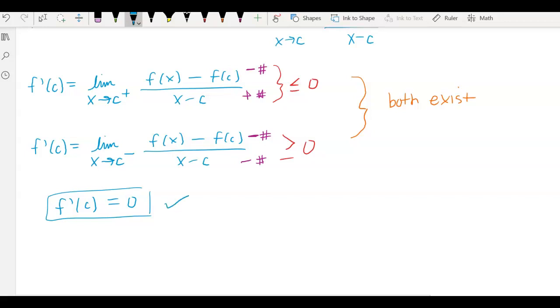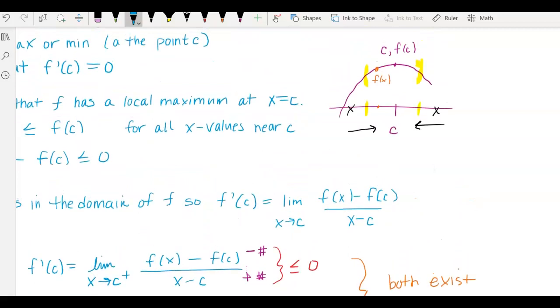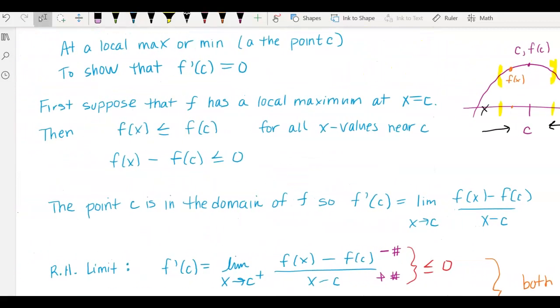So we showed this for a local maximum. If we wanted to show it for a local minimum, we would do the exact same thing. The only difference would be that up here, when we said that all f of x values were less than or equal to f of c, we would have switched that to greater than or equal to.